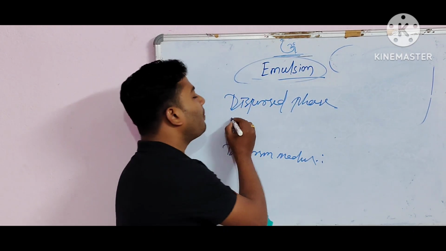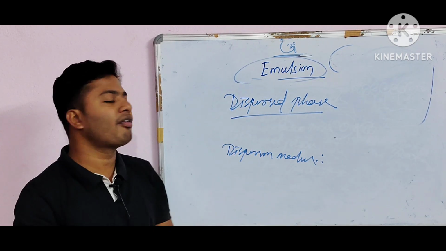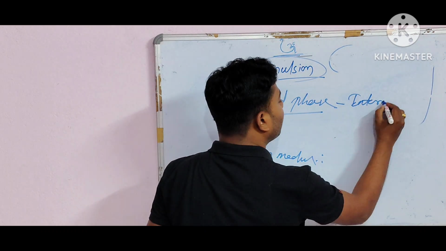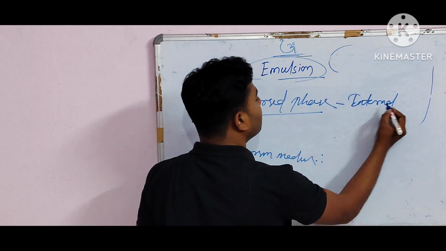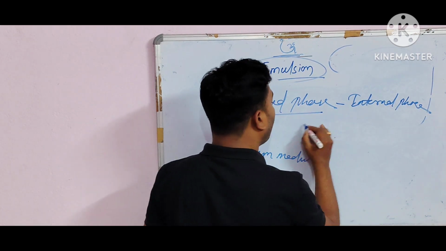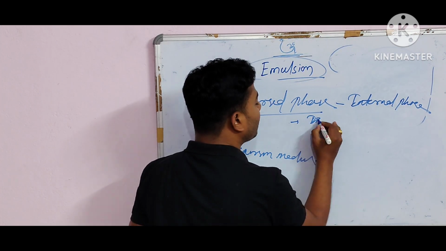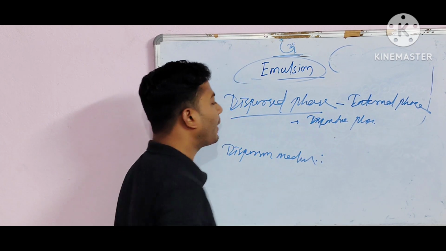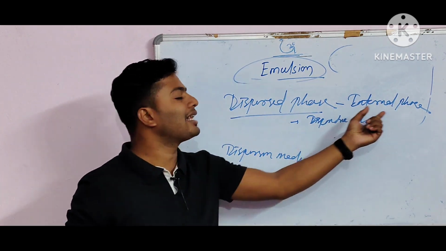Clear? So what do you mean by dispersed phase? Dispersed phase means it is an internal phase. You can say it is an internal phase, or you can say it is a discontinuous phase. Why is it called the internal phase?